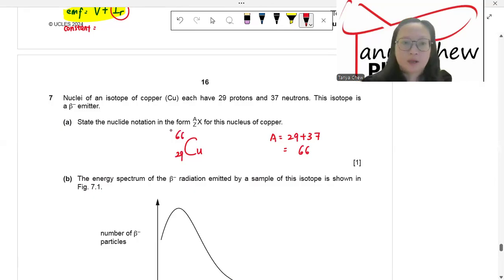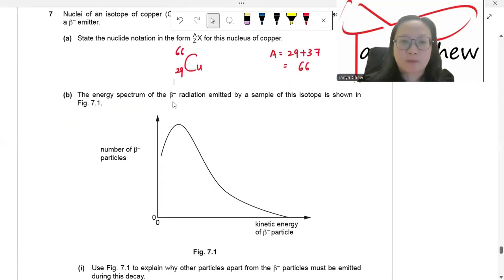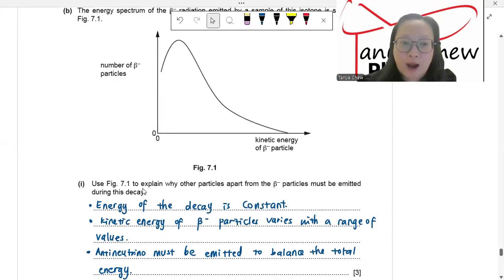B, the energy spectrum of beta negative radiation emitted by a sample of this isotope is shown in fig 7.1. Use fig 7.1 to explain why other particles apart from beta negative particles must be emitted during this decay. Look at the kinetic energy of the beta particles. It is varying.